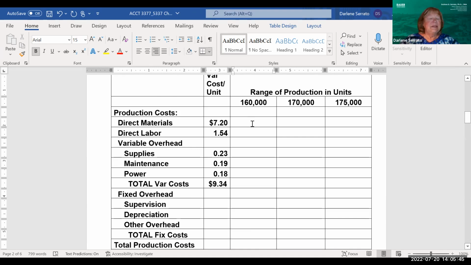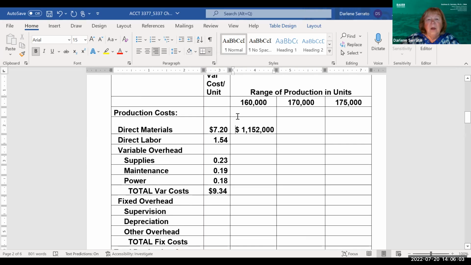So $7.20 times 160,000 units gives us a cost of $1,152,000. And the way we did that was 7.20 times 160,000.